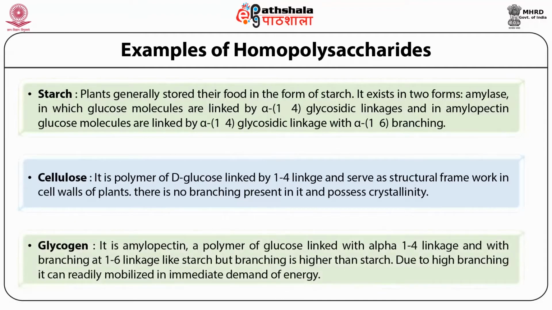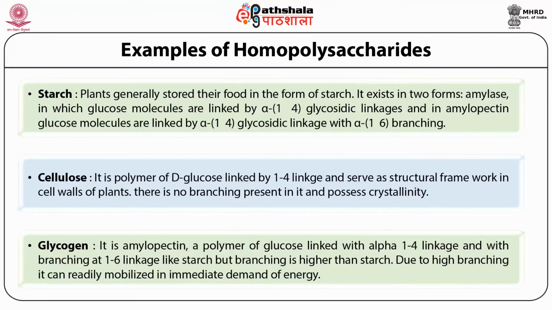Whereas glycogen is again a branched molecule, basically like amylopectin, a polymer of glucose linked with alpha-1,4 linkages and with branching at alpha-1,6 linkages like starch, but the branching is quite higher than starch.